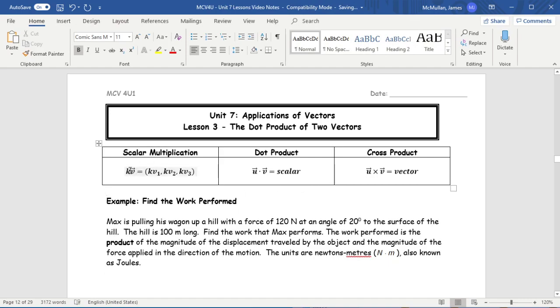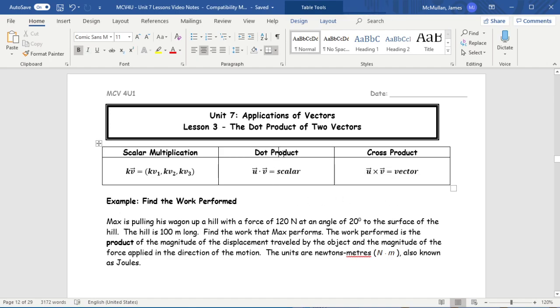If you're using numbers and you stick two numbers beside each other, that means multiplication. If you dot two numbers, that means multiplication. If you put a times sign, that means multiplication. But in vectors, these are different things. So be careful. Scalar multiplication, dot product, and cross product are three different operations. They're all similar to multiplying, but they're not the same.